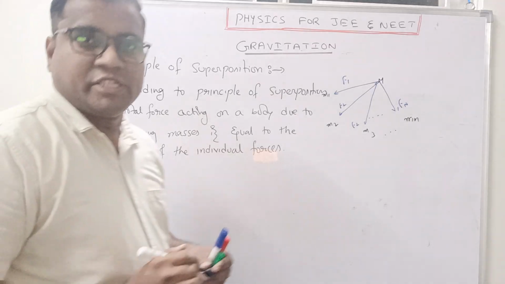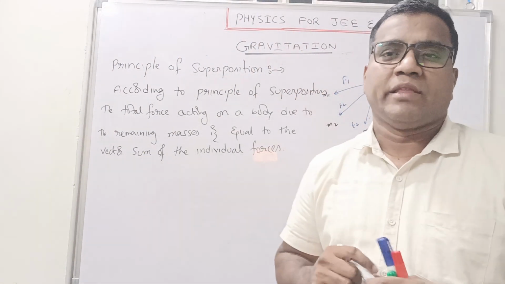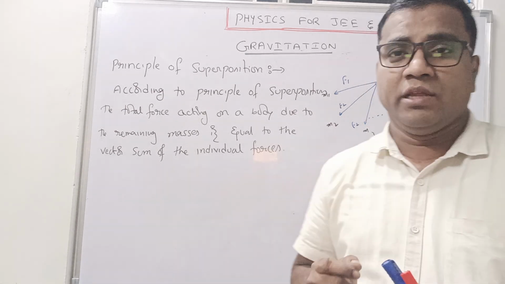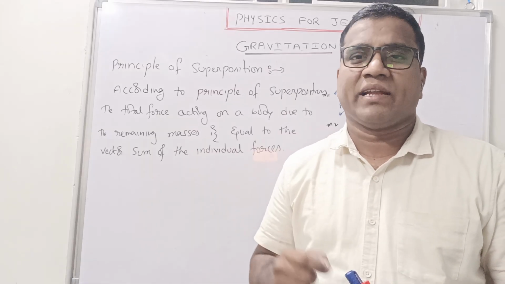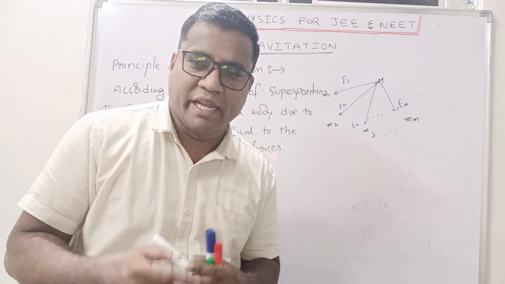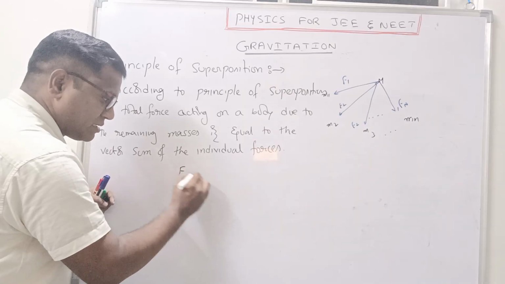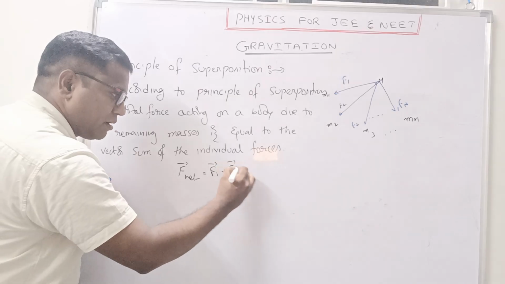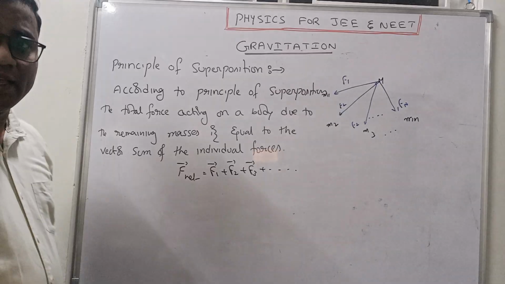According to the principle of superposition, the total force acting on a body due to the remaining masses is equal to the vector sum of the individual forces. That means F net can be written as F1 bar plus F2 bar plus F3 bar and so on, n number of forces.